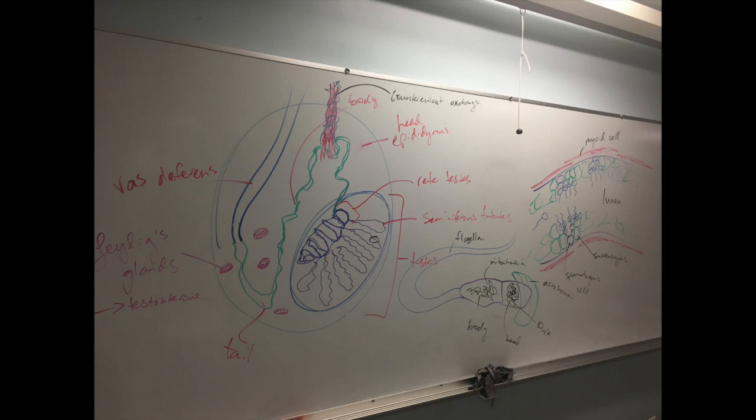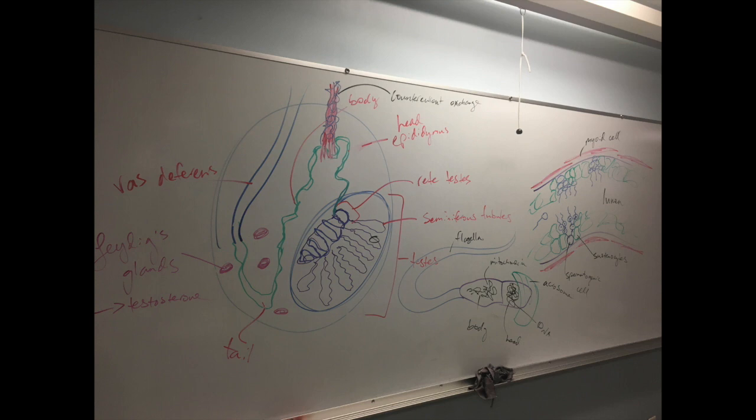Once they get here, they're mature sperm that are ready to fertilize an egg. The tail of the epididymis is where mature sperm are stored before they're needed.